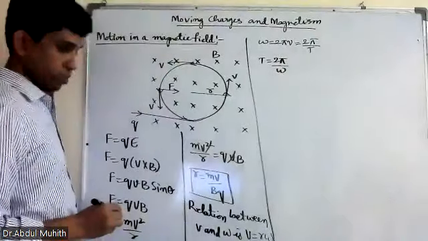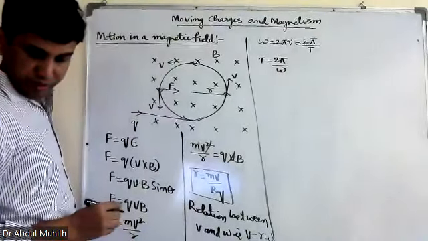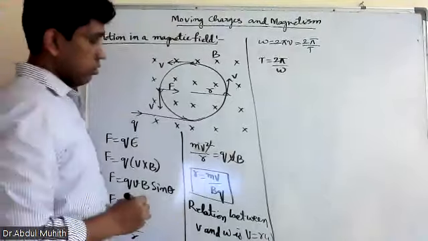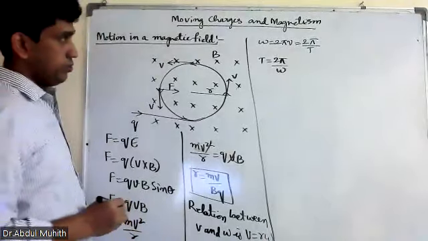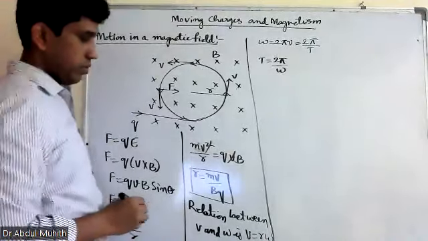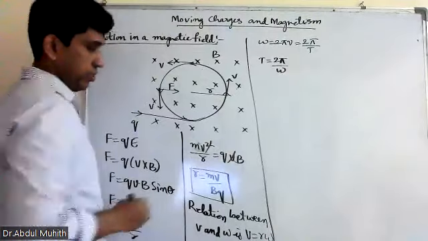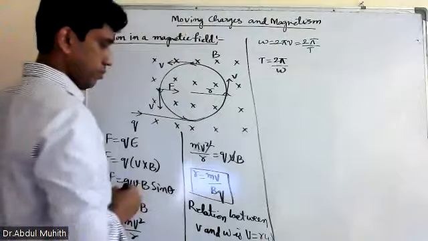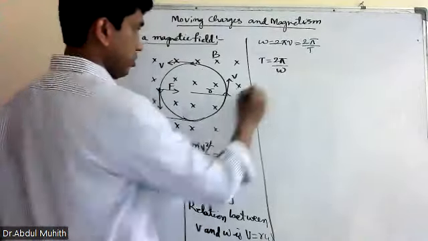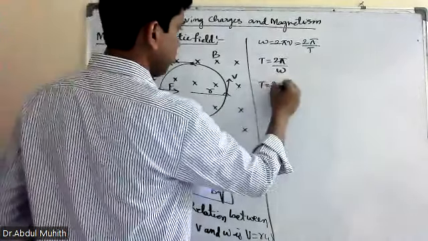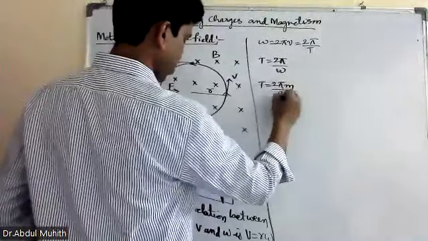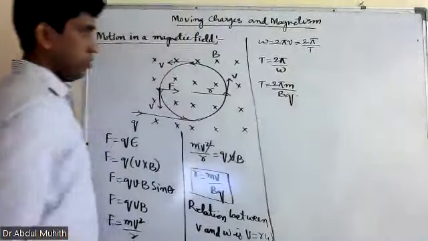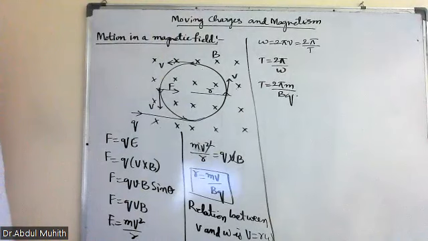Now omega is equal to v by r. So T should come 2 pi m by Bq. Okay, this is the formula. T is equal to 2 pi m by Bq.